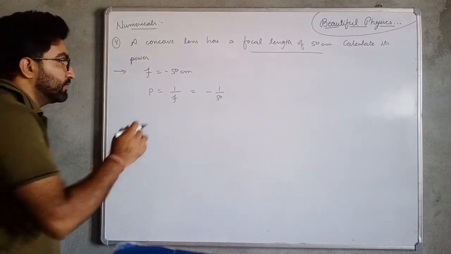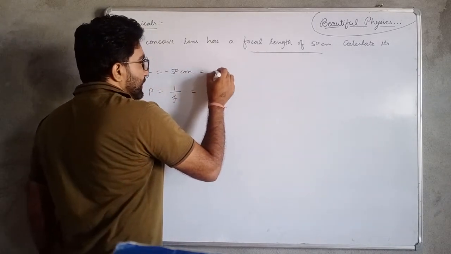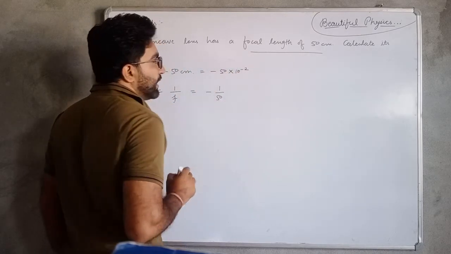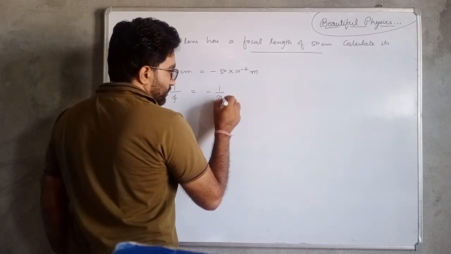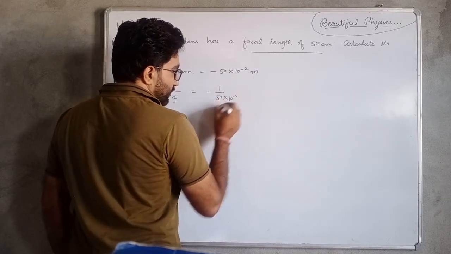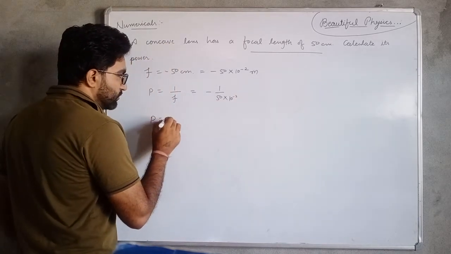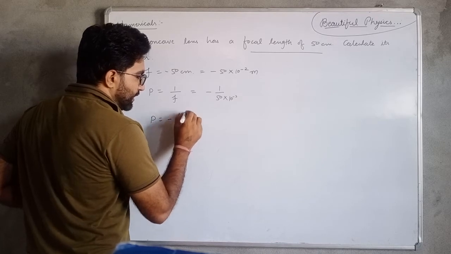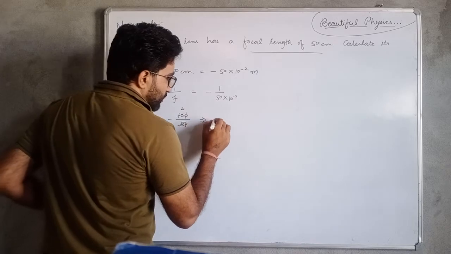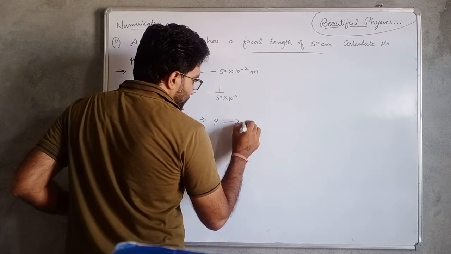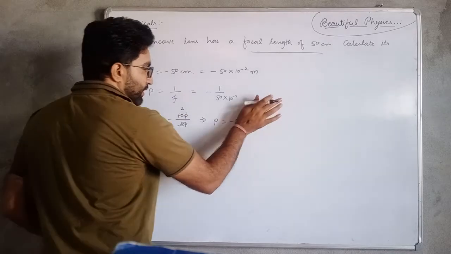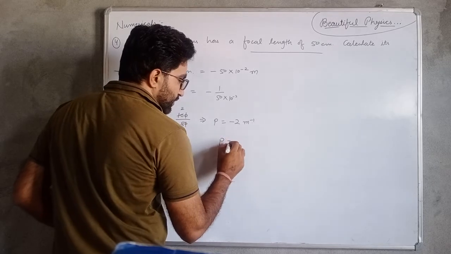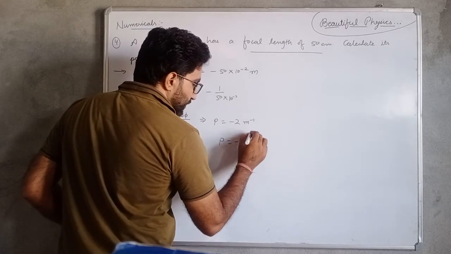But this 50 we have to convert into meter. 50 into 10 raised to power minus 2 meter. When we solve these values, we have minus 100 divided by 50, and P will be equals to minus 2 meter inverse. Meter inverse is known as diopter. So the power is equals to minus 2 diopter.